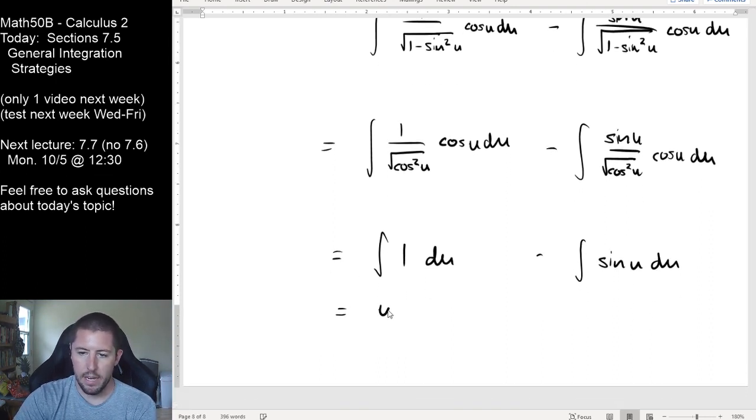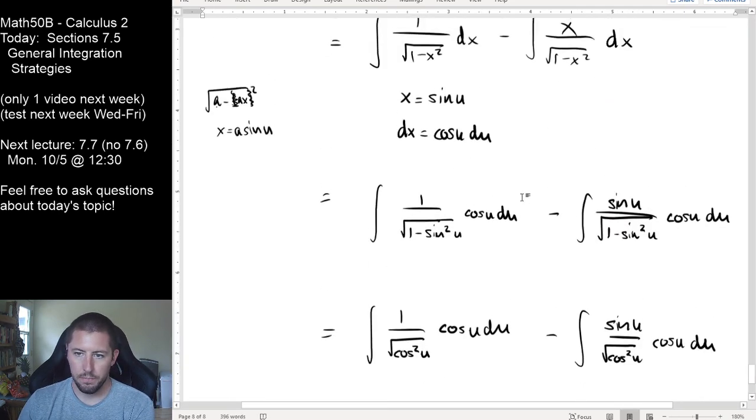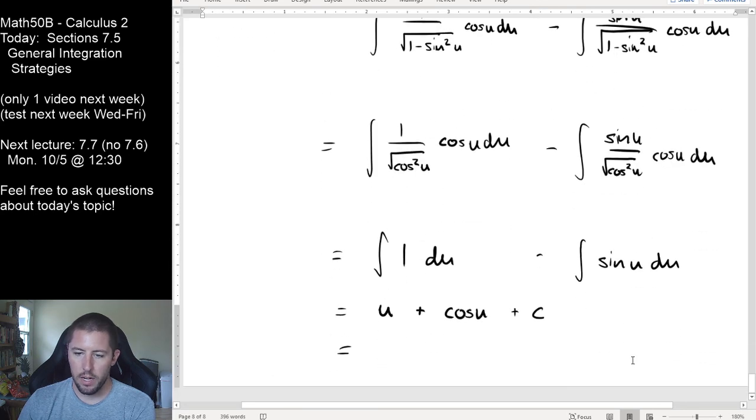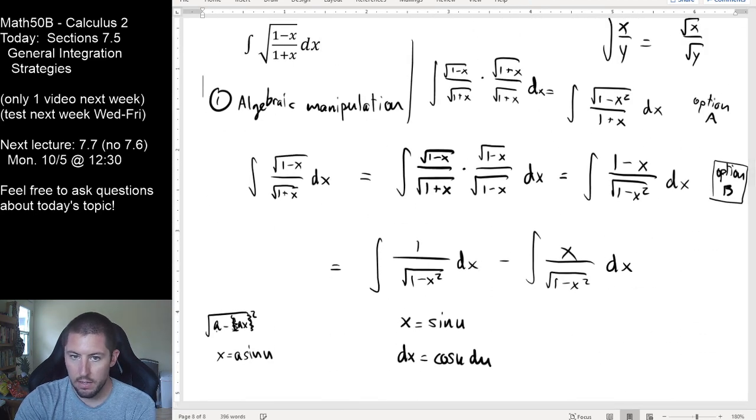We're just going to need to get back into x land here. The antiderivative of sine is negative cosine, so we're going to get a plus cosine u, right? Negative of a negative right there, plus c. And we just need to know what u is, and we're good here. Well, it looks like we have x equals sine u, so we're going to need to get ourselves some help here.